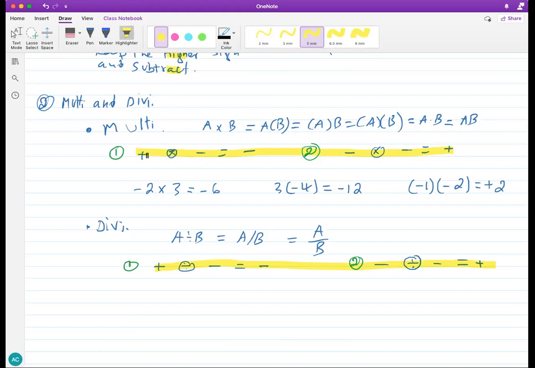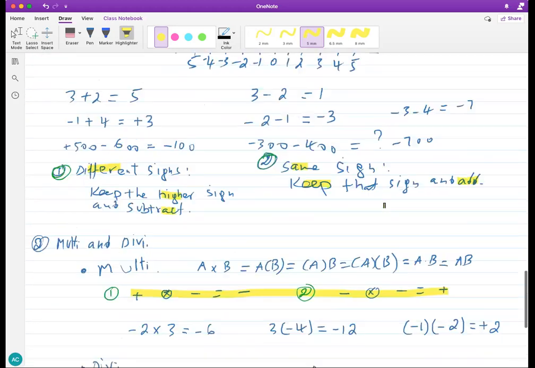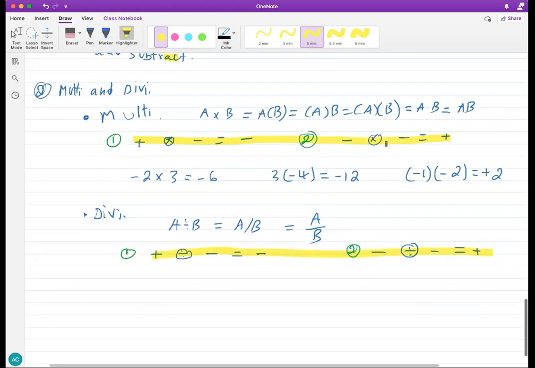With multiplication and division, we don't care about the values of the numbers, we just look at the sign. But when we do addition and subtraction, we do look at the values. We pick the sign of the higher number. If the signs are the same, it stays the same.